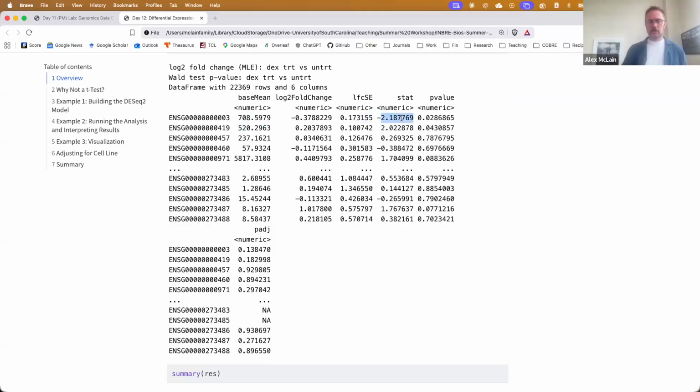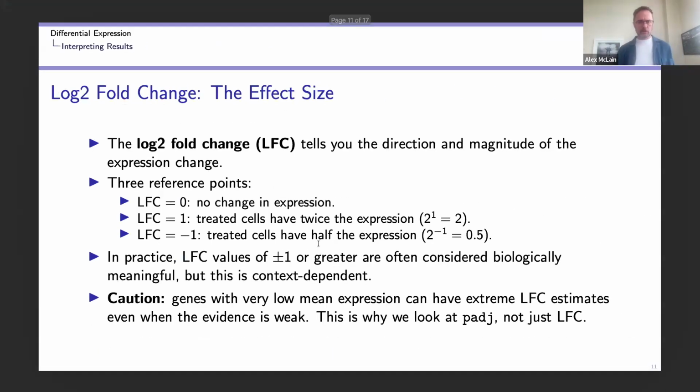This is the Wald statistic, the Z statistic that gives us the p-value. And then finally, we have the adjusted p-value. So let's go through these. The log2 fold change is going to tell us the direction and magnitude of the expression change.